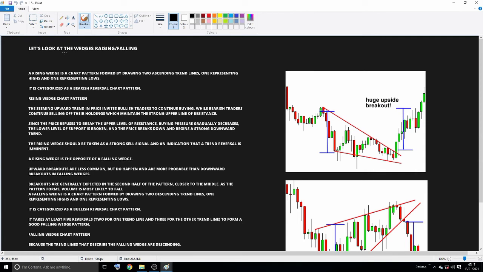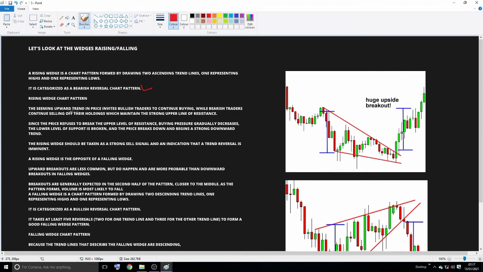Let's look at the rising and the falling wedge. A rising wedge is a chart pattern formed by drawing two ascending trend lines, one representing highs and one representing lows. It is categorized as a bearish reversal chart pattern, the rising wedge pattern.